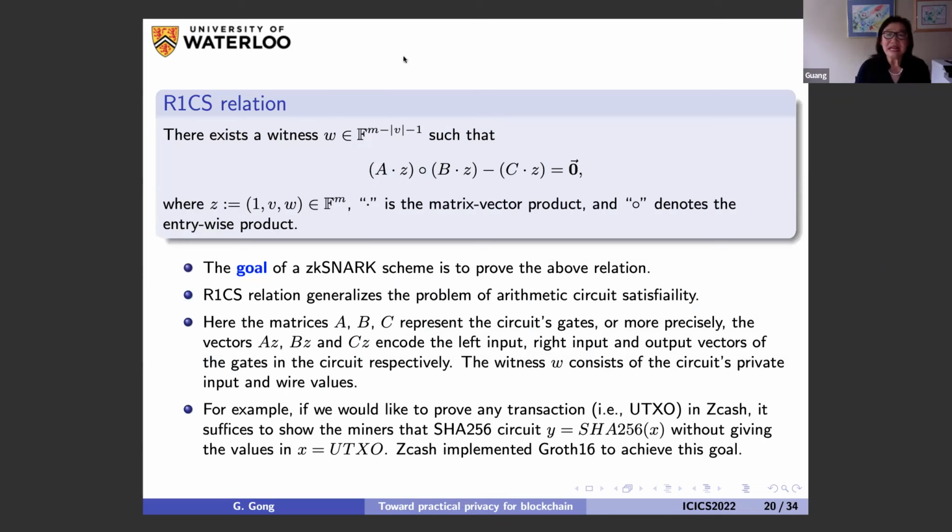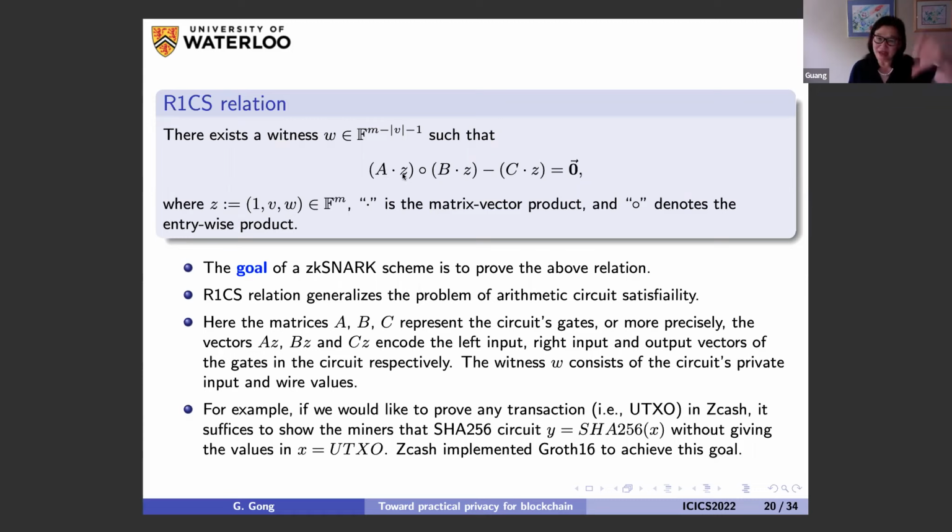Okay, so now we have this relation for the R1CS. This is the vector including the public input and the witness. The witness, you could think of it as just private information, because it's the input and the wire values. Then you have the left input vector, formed as the matrix A times this vector.